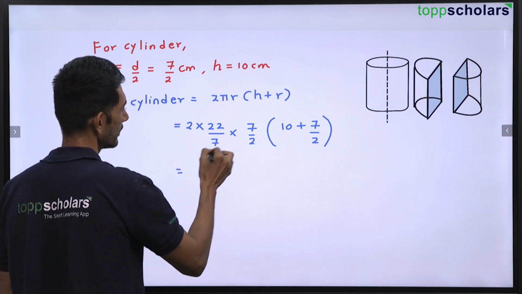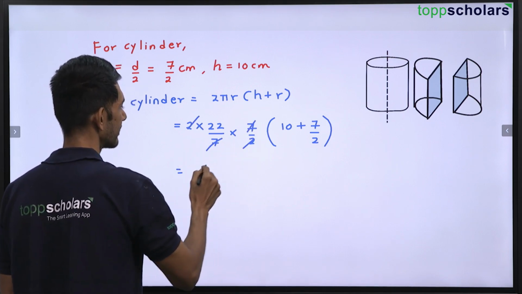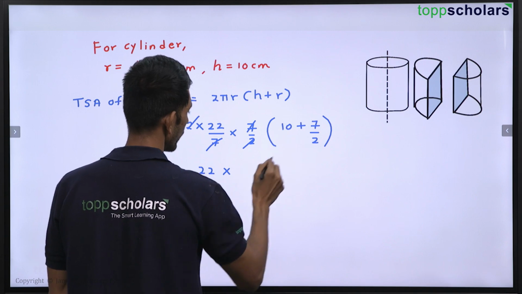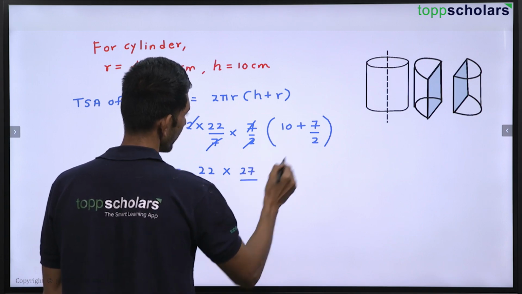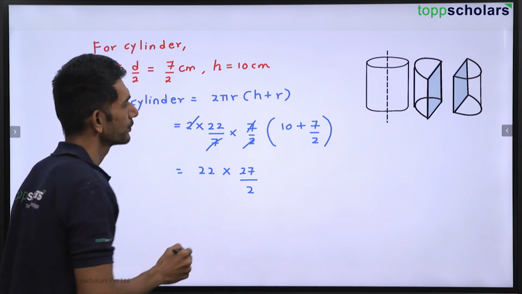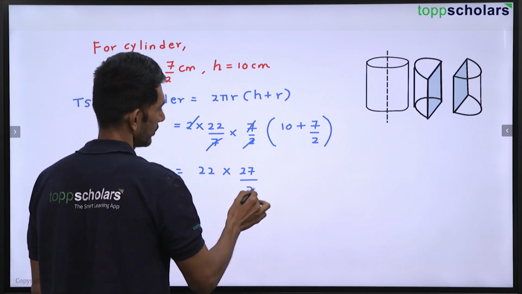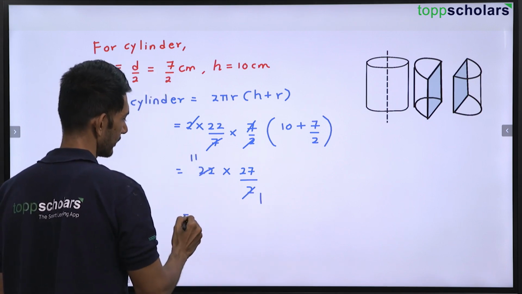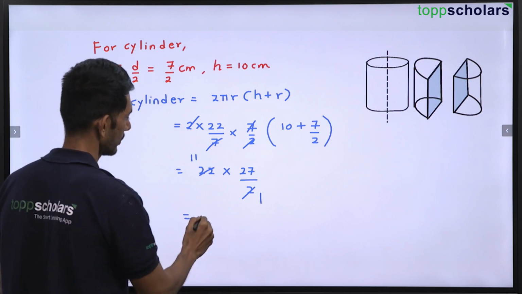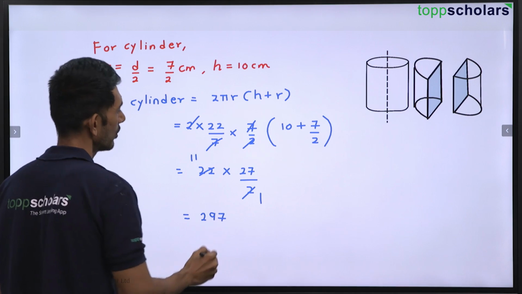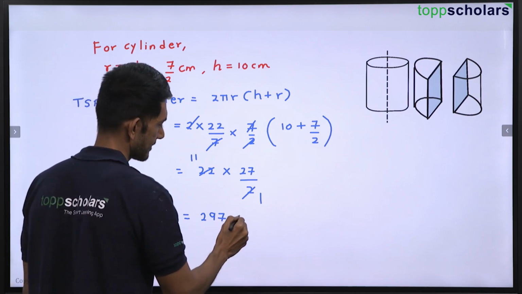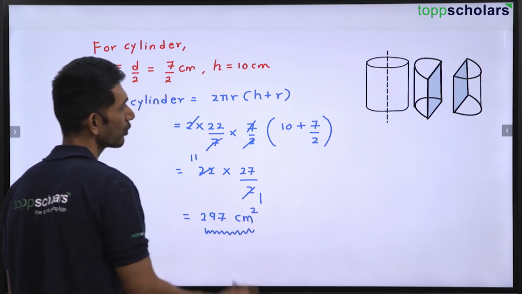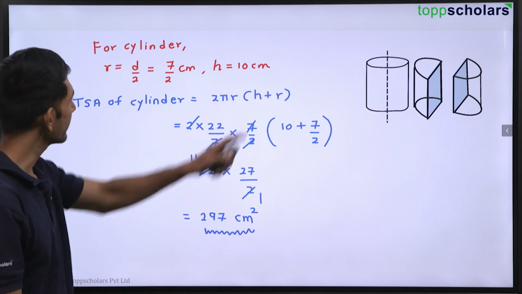That is equal to, 7 gets cancelled, 2 gets cancelled, you get 22 into, 10 2s are 20, 20 plus 7 is 27, divided by 2, right? So that gives you 2 ones are, 2 11s are, and that is further equal to 297 centimeter square. So 297 centimeter square is nothing but the total surface area of the cylinder.